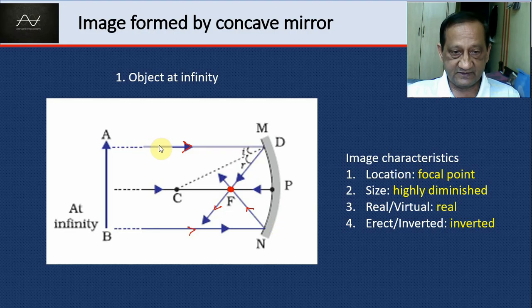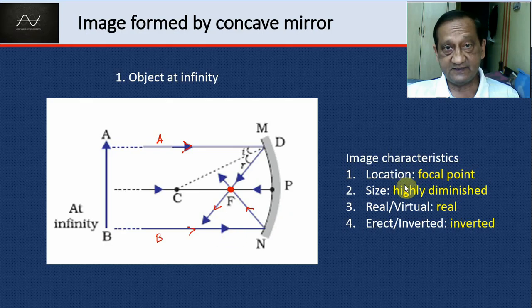This ray was coming from A, this ray was coming from B. AB had a certain size, but A and B all intersect at the point F. So a point image is being created. Therefore, the image will be a point image, highly diminished in size. The location will be the focal point, and the rays are actually intersecting, so it will be real.